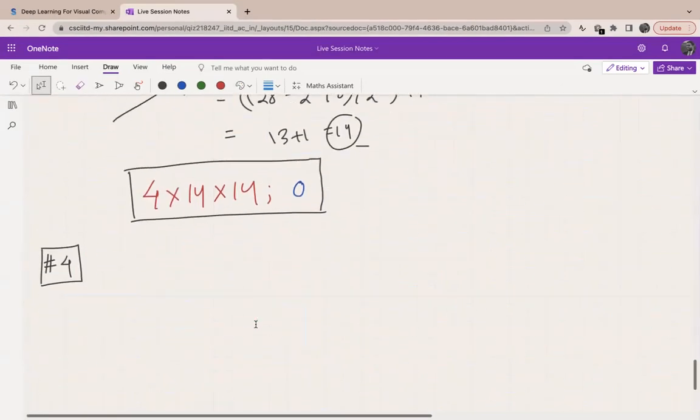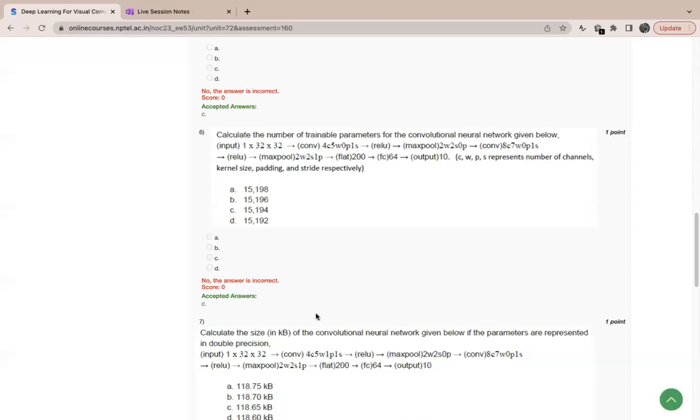Okay. Coming to the next layer, which is again a convolutional layer of 8 filters, 7 cross 7 width, 0 padding, and 1 stride.